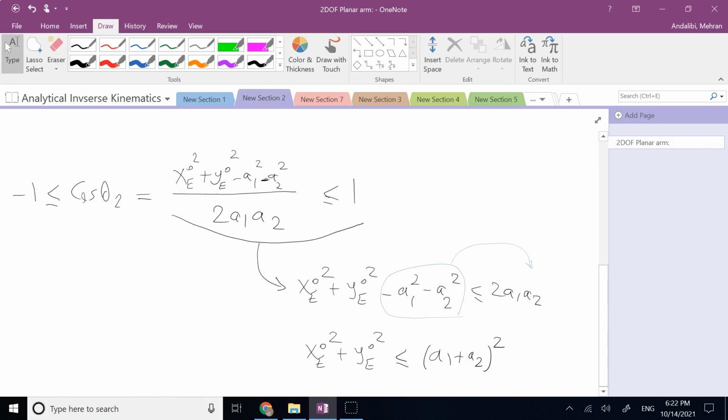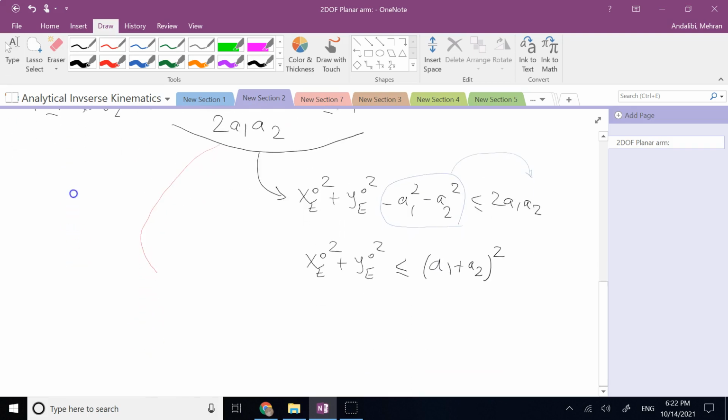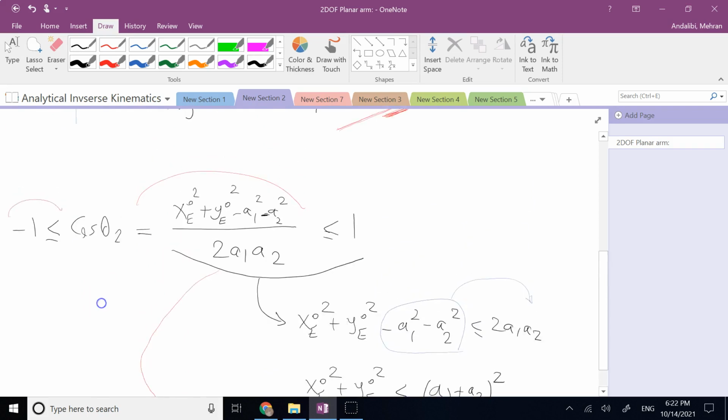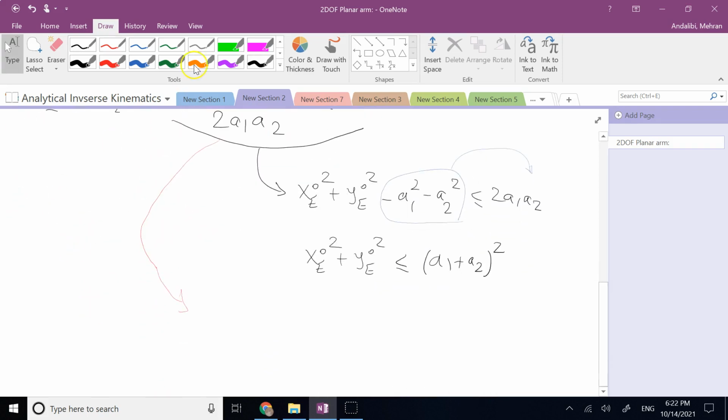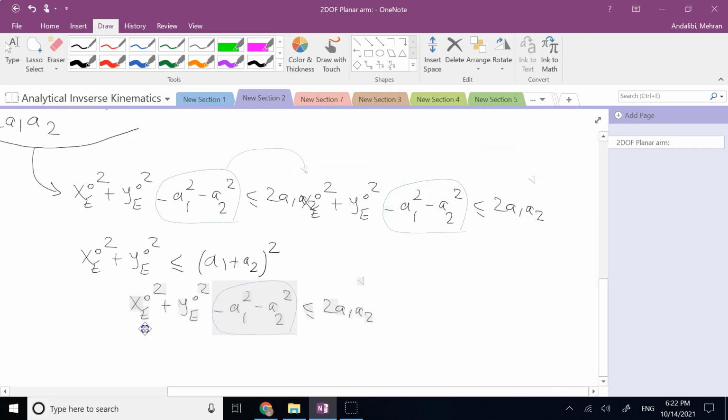On the other hand, if you do this portion of it, and you do it, what will you get? You will get that whole thing again is bigger than or equal to negative 2 a1 a2, right? So you will get something like this. If I do it, let me bring it down here.